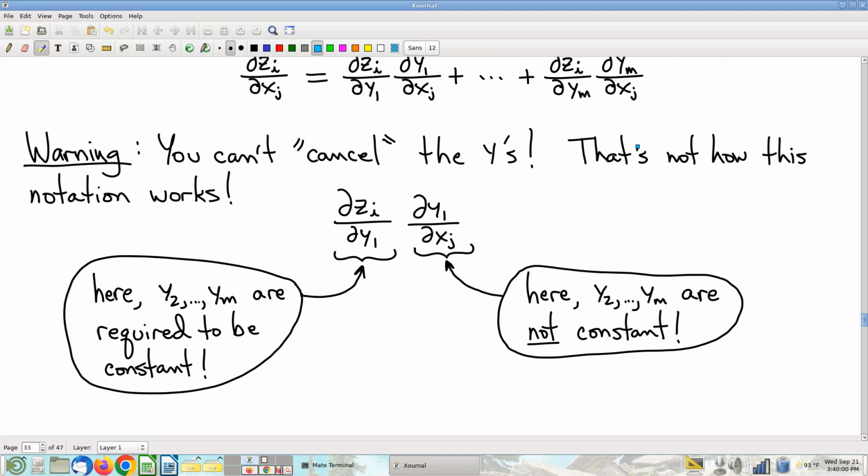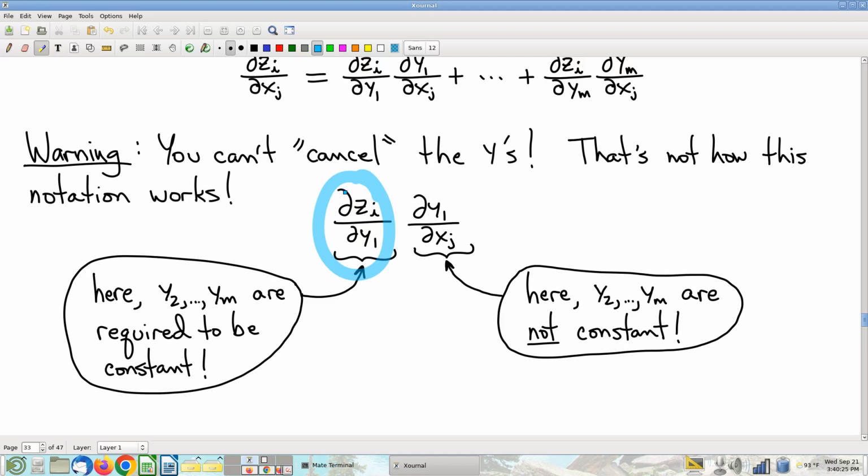You have to remember that this partial derivative is not a fraction. It's not a ratio of two independently existing, well-defined things. It's just not. This is part of a story. This is part of a scenario.